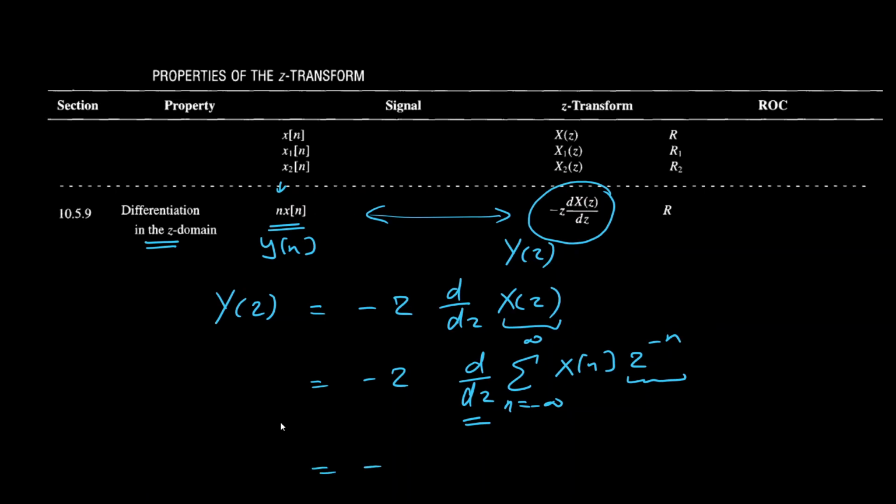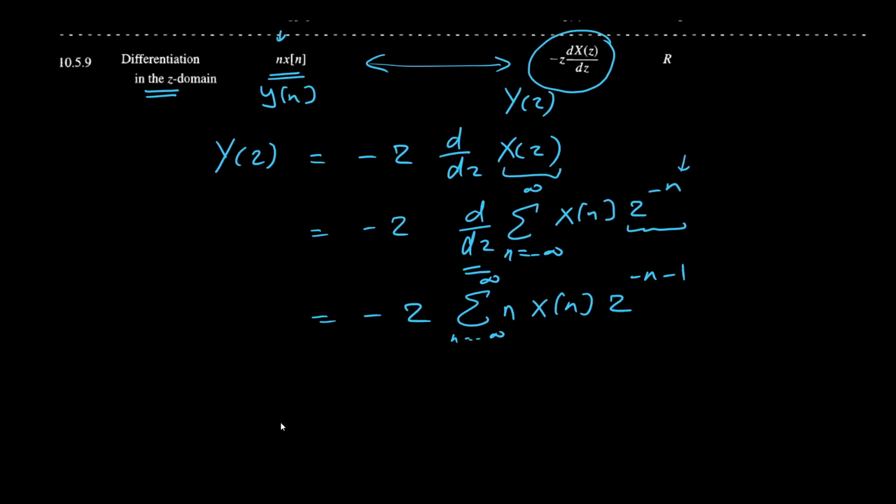So as we have minus z summation, this would reappear over here as n x of n, and the power would be decreased by a value of minus 1. And again we have a summation from minus infinity to infinity. Also note that since there is a minus here, so this will become plus.